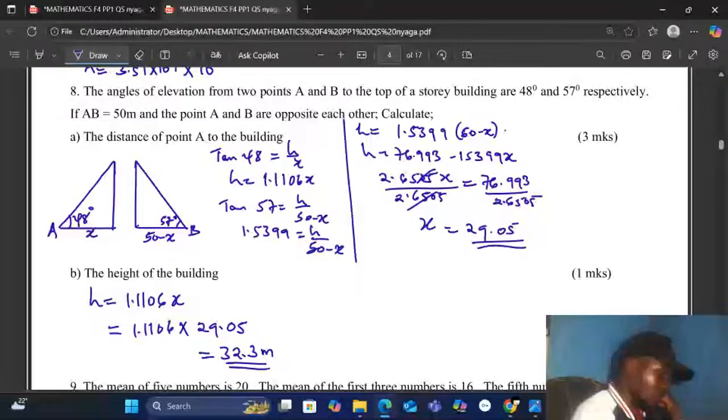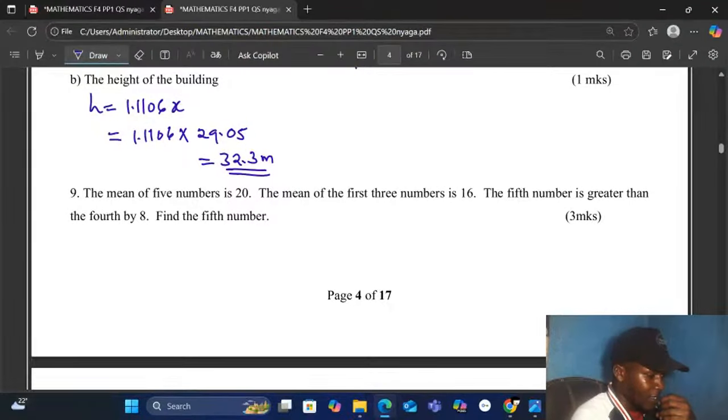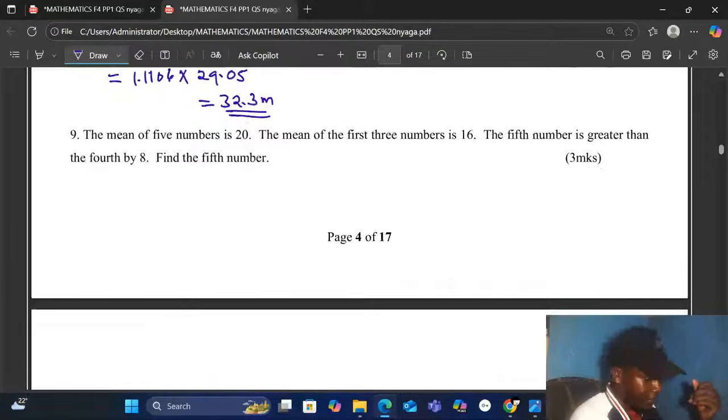So that is the height of the building. That's simple. Then the mean of five numbers is 20. The mean of the first three numbers is 16, and the fifth number is greater than the fourth number by 8. Find the numbers.